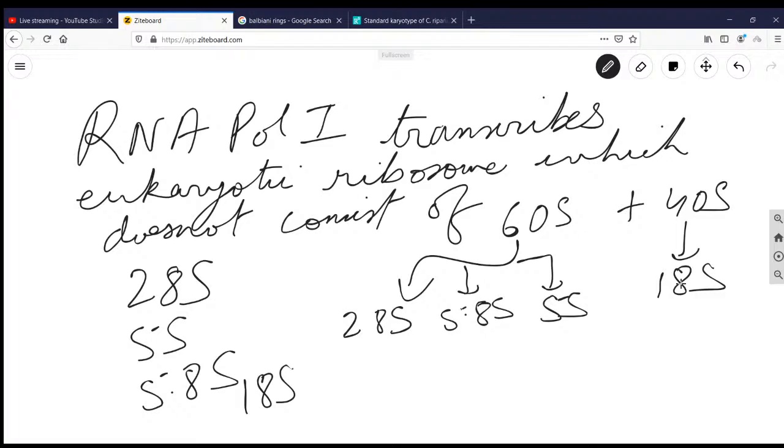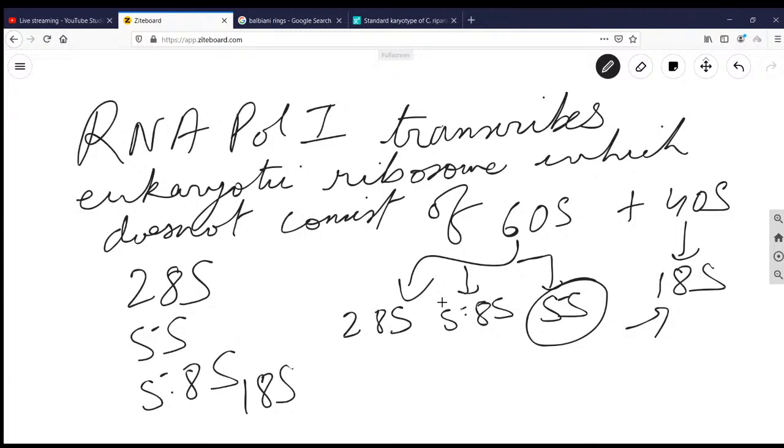Now which one does RNA polymerase get attached to? It gets attached to the smaller subunit during translation. When it gets attached to the smaller subunit, what will happen is it will preclude this 5S rRNA.